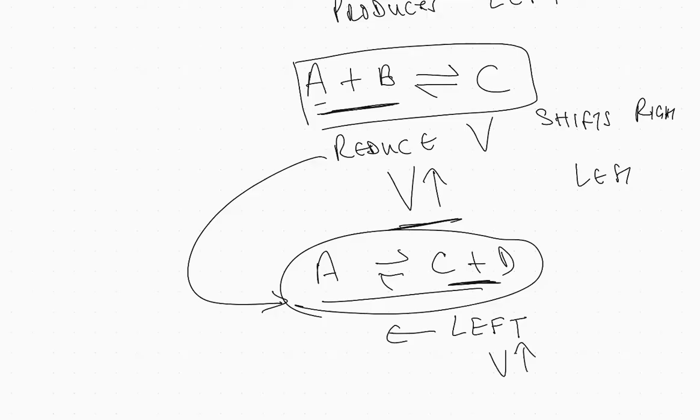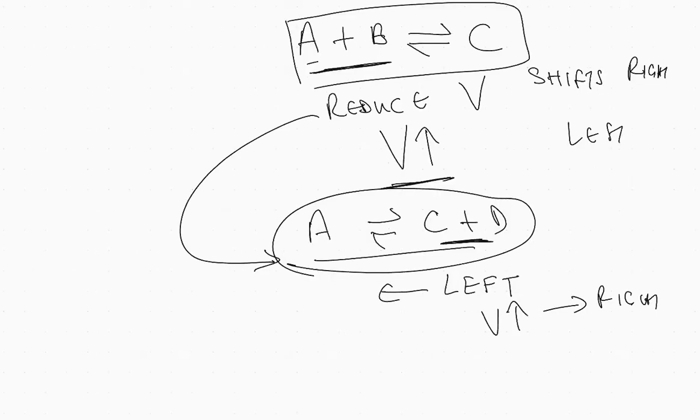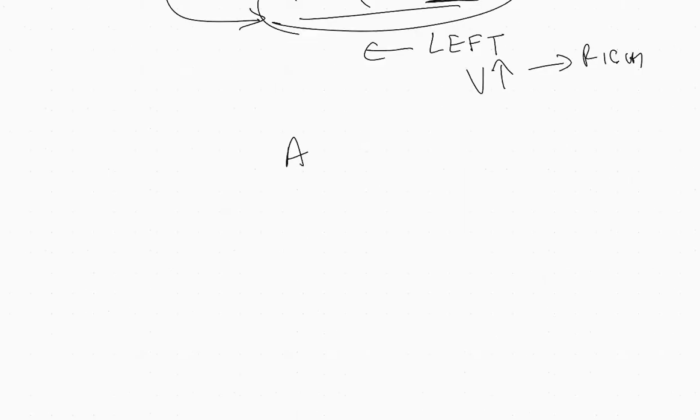Take the same example. What if you increase the pressure? What do you mean by increasing the pressure? Now you know from gas laws, pressure could be increased by reducing the volume, right? So if I increase the pressure, these two get together, as if I reduce the volume.